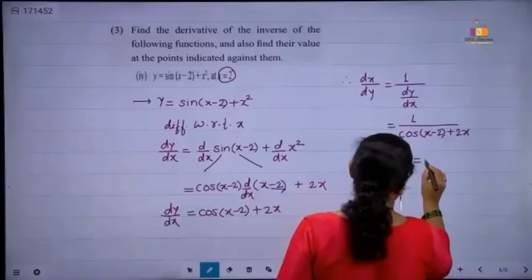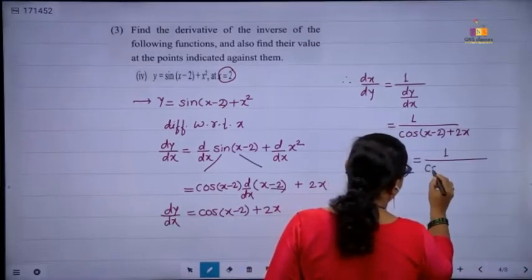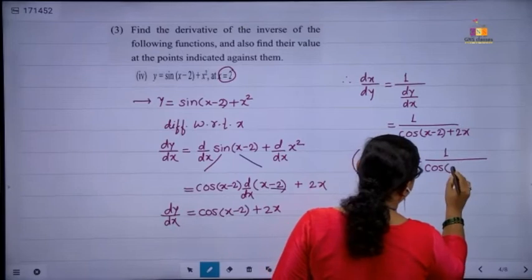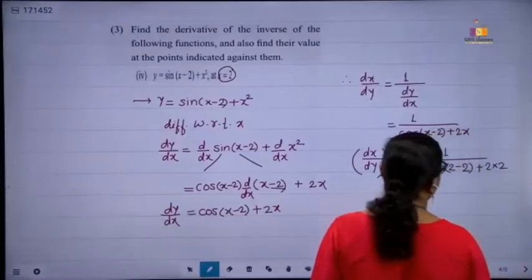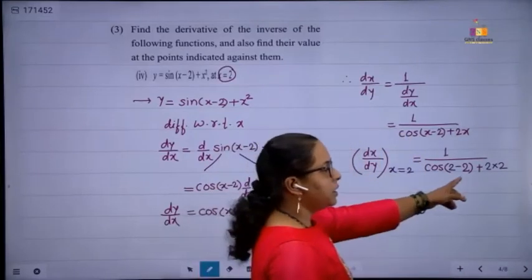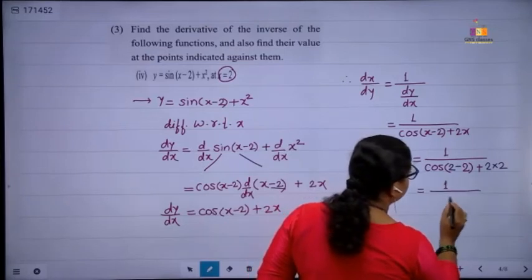At x is equal to 2, it is equal to 1 upon cos(2 minus 2) plus 2 into 2, because x is equal to 2. 2 minus 2 is 0. That means it is equal to 1 upon cos 0 plus 4.